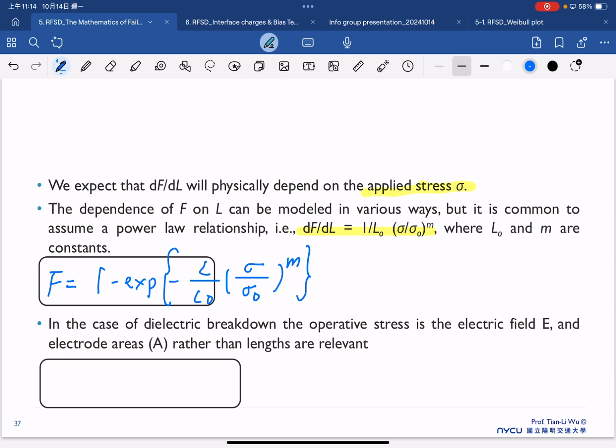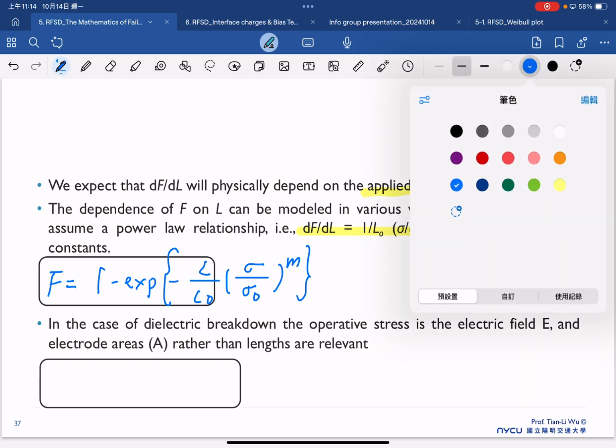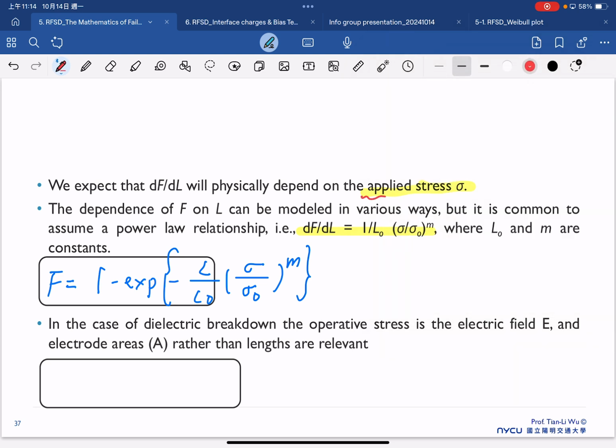This is considered as a length, but now if we consider the applied stress to be, for example, electric field, so the electric field is an applied stress, then we have to generalize this to the case that we are interested in.